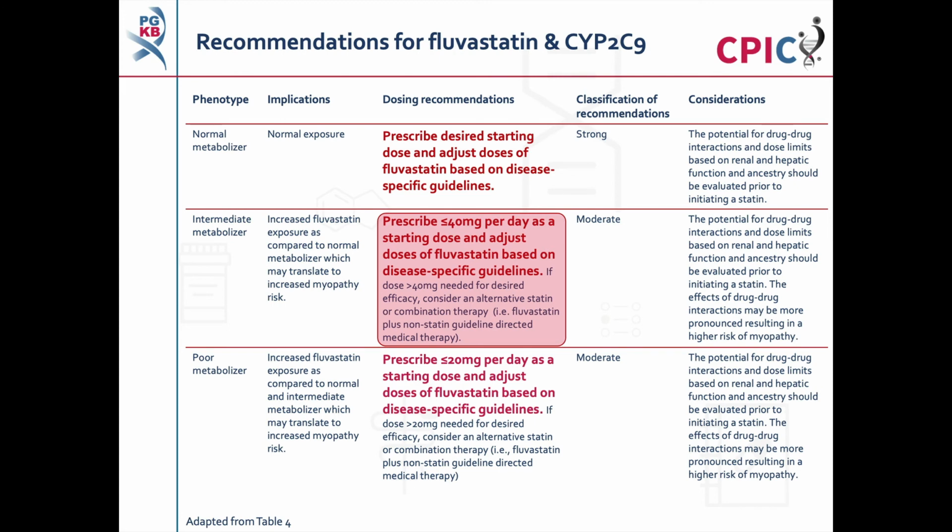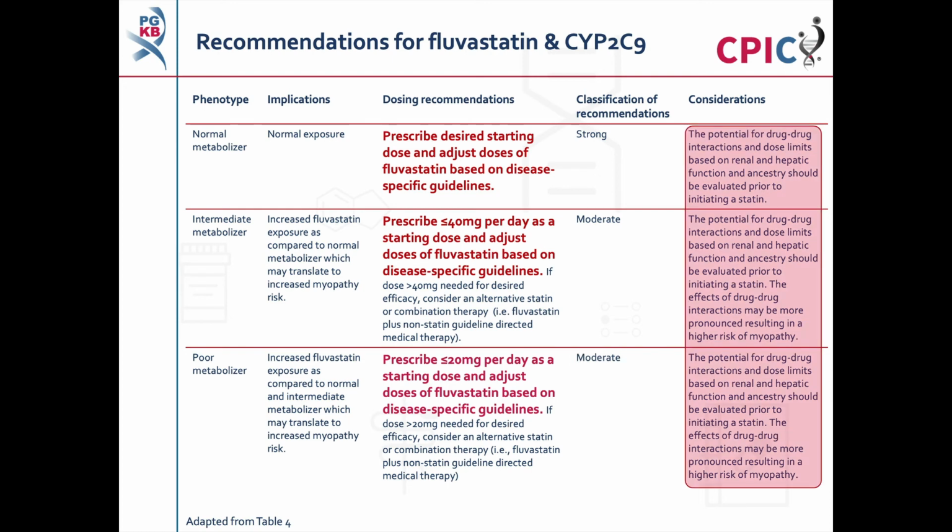These patients should be prescribed a starting dose of no more than 40 mg. This is a moderate recommendation. Patients who are CYP2C9 poor metabolizers may have an increased risk of myopathy when treated with fluvastatin. These patients should be prescribed a starting dose of no more than 20 mg. This is a moderate recommendation.